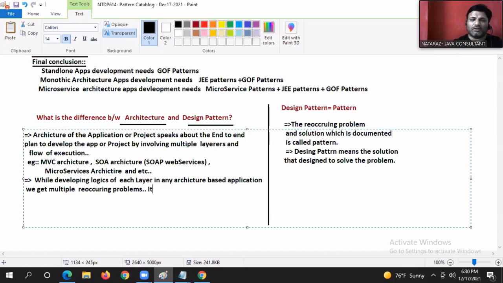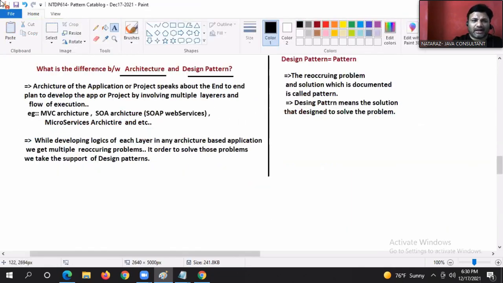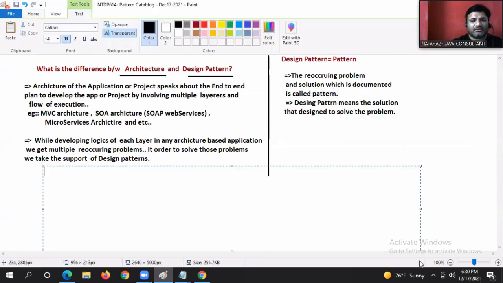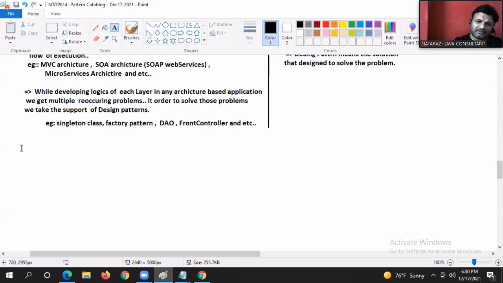In order to solve those problems, we take the support of design patterns. Right, guys? Example: singleton class, factory pattern, DAO, front controller, and etc. Fine, guys.